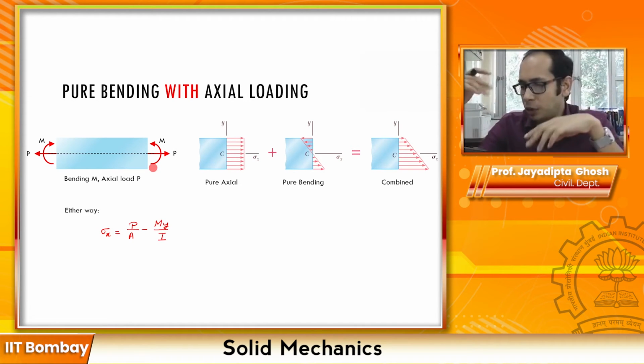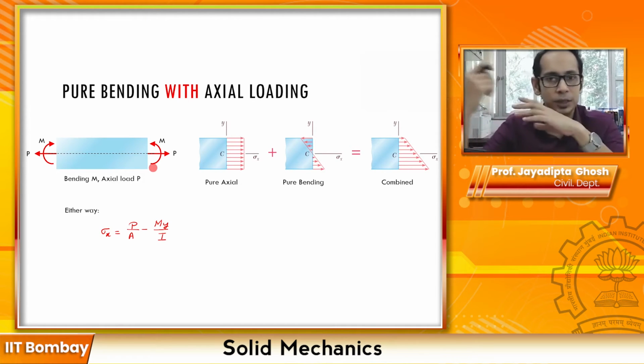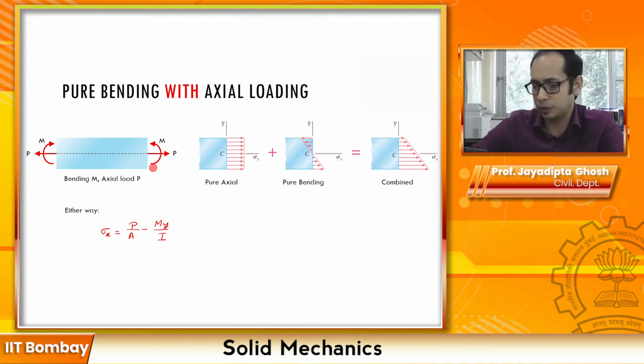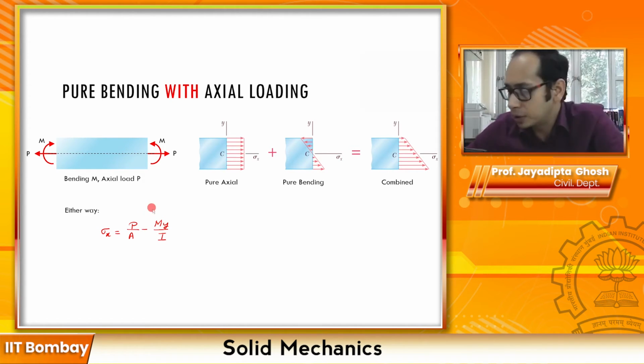As you see, the top part is in compression and the bottom part is in tension, and since the P here is tensile, this is positive over here, and this is what we had derived. This turns out to be positive because you are taking the y from the neutral axis below, so negative and negative becomes positive. You know the drill, you have already done this.